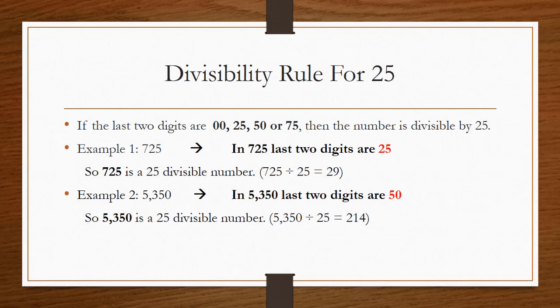So 725 is a 25 divisible number. Let's see another example. 5350. In 5350, the last two digits are 50. That means we have to see the ending two numbers. So 5350 is a 25 divisible number.